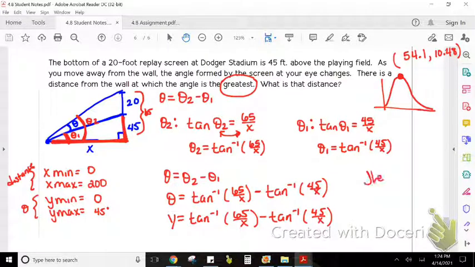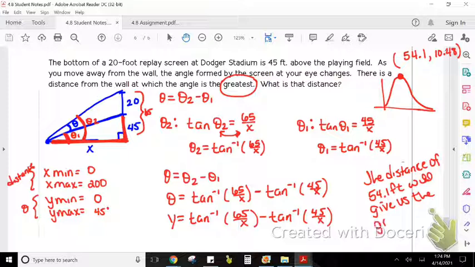So the distance of 54.1 feet will give us the greatest angle. Now, I didn't ask for it, but what is that greatest angle? Looking over where I did my window, my angle was my y's, wasn't it? So that greatest angle is that 10.48 degrees.